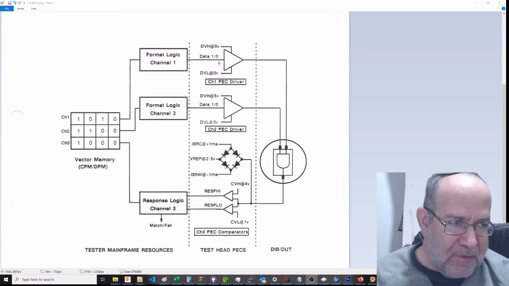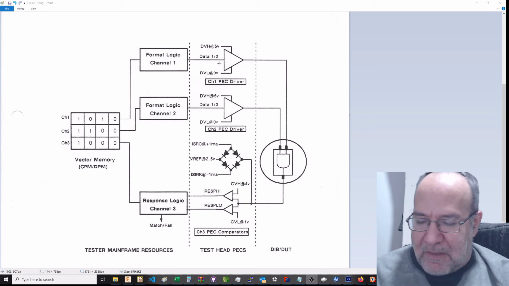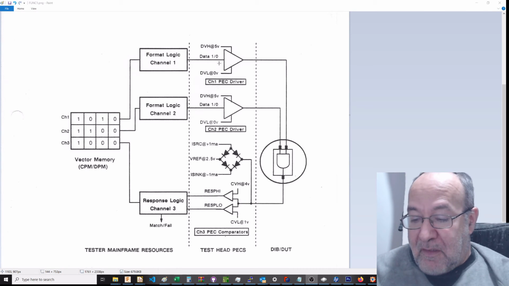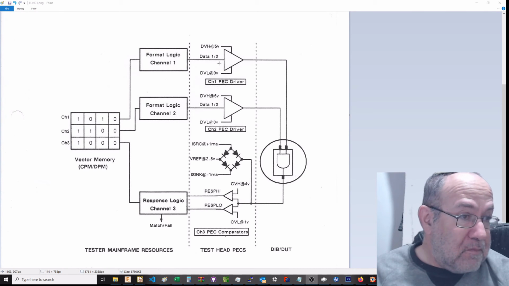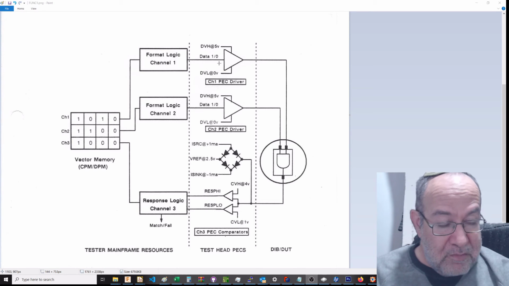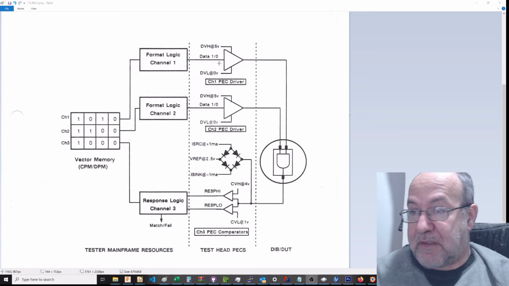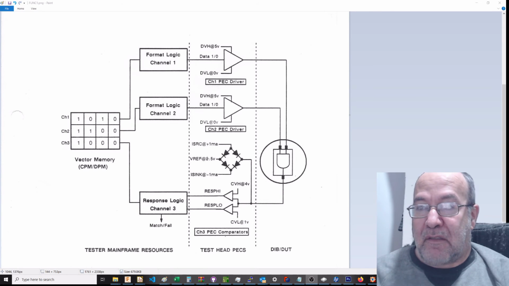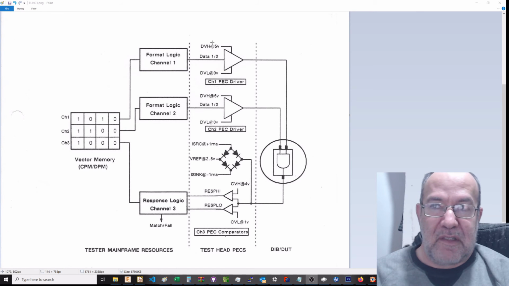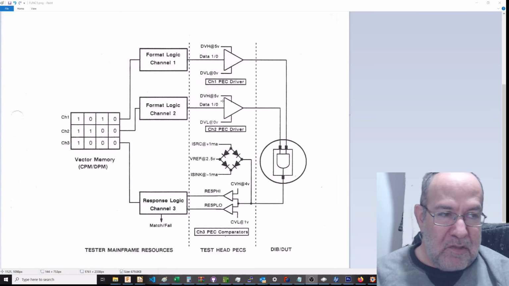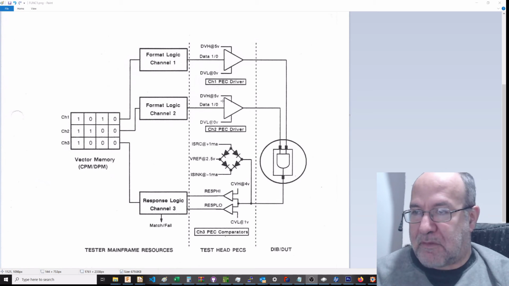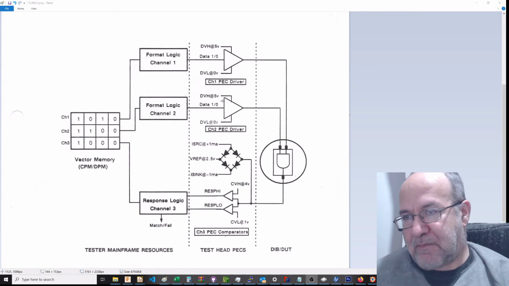Back in the days of Trillium, the board that would have done this was a board which is called PREF. Okay, these were low speed. These are considered low speed levels. Okay, the levels for your test.